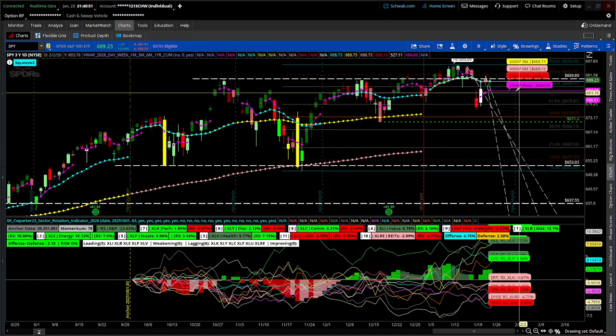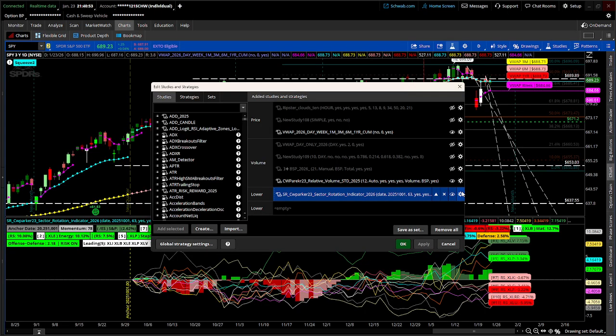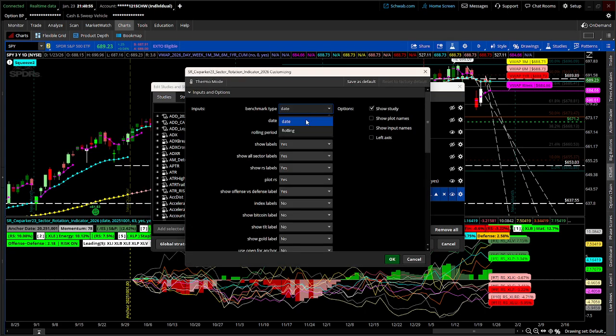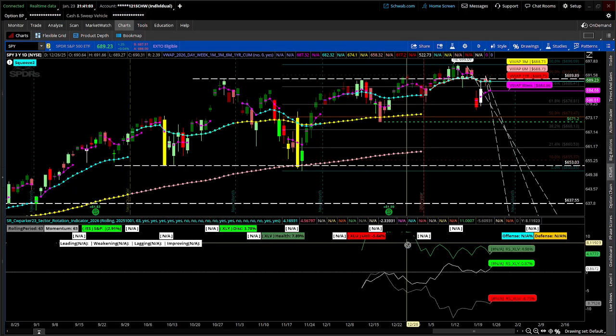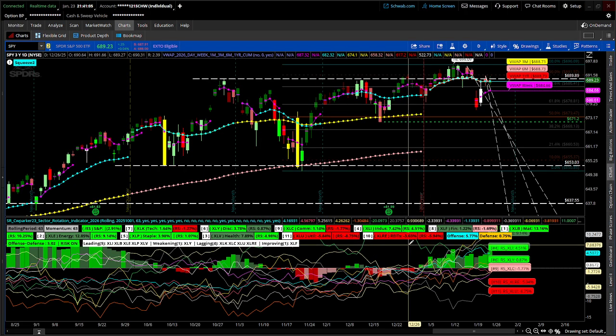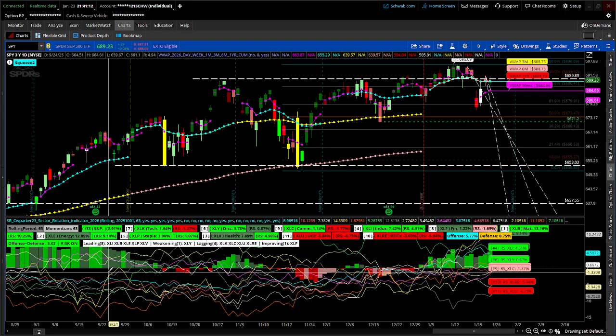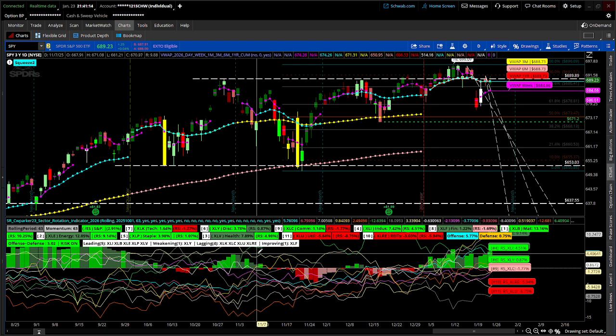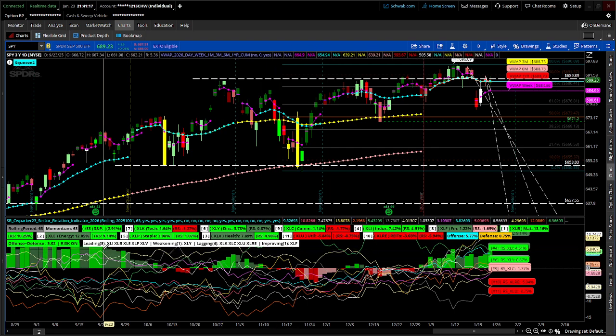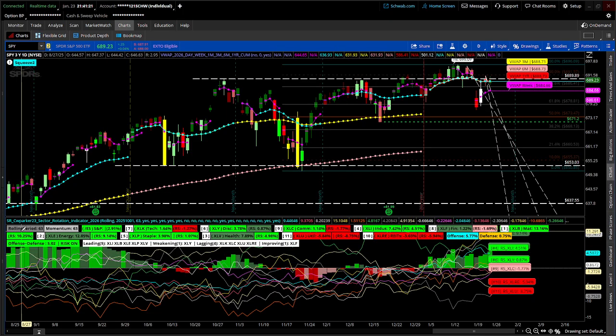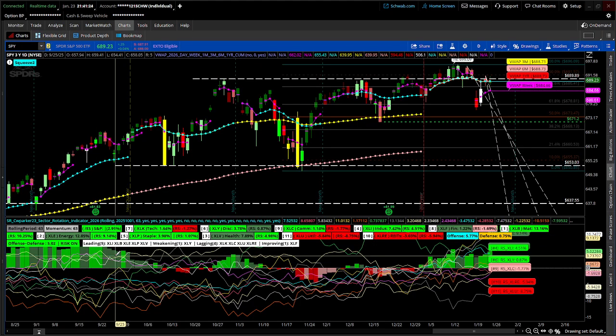I'm going to shift my sector rotation indicator from the anchor day to a rolling day, and I'm going to leave it on 63, because 63 days represents a quarter. So right now we're looking at what's weakening, lagging, improving, and leading on a rolling period, using our momentum and our rolling period of 63.